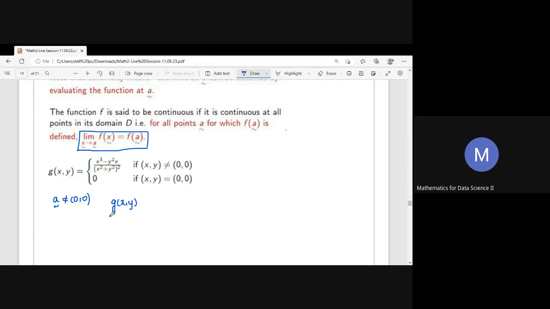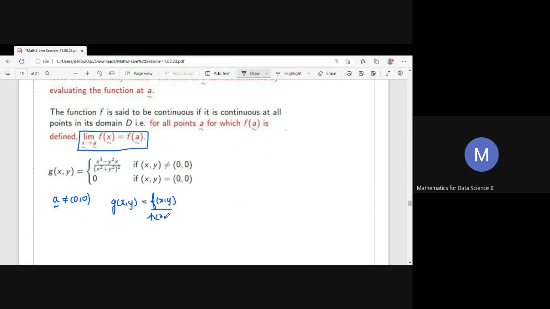So when can we say the limit of this kind of a function exists? If both the limit of the numerator and the denominator exist and the denominator limit is non-zero, then we know that the limit of the whole function exists, right? So we are going to use that. Let us denote the numerator by f and the denominator by h.